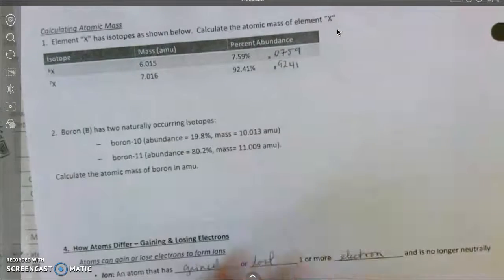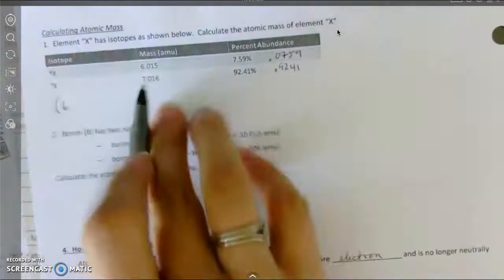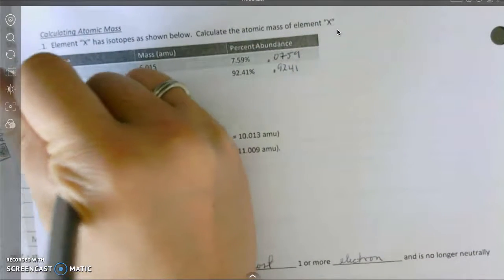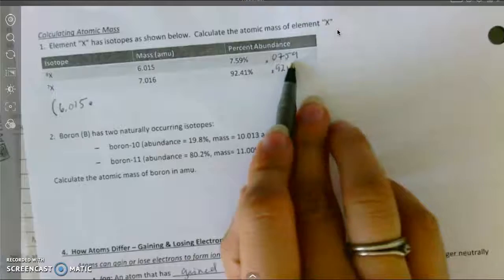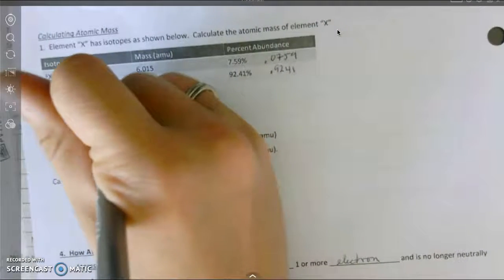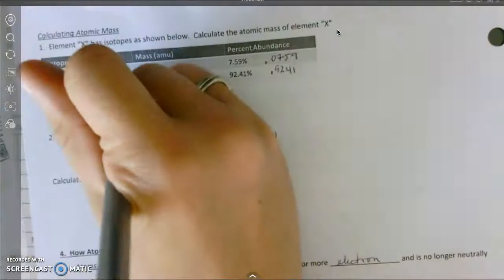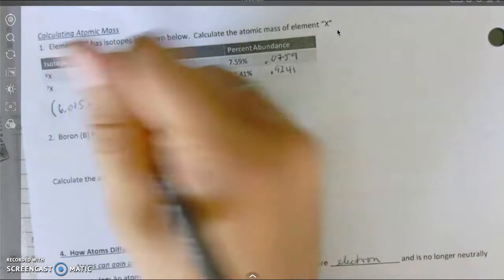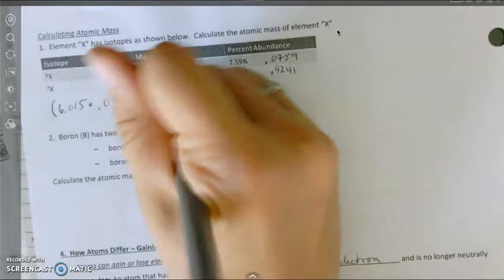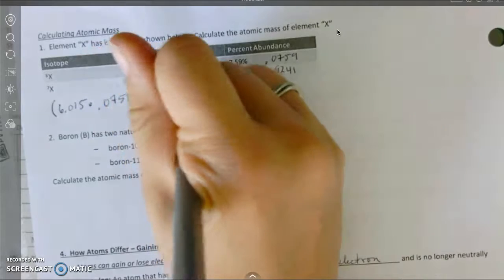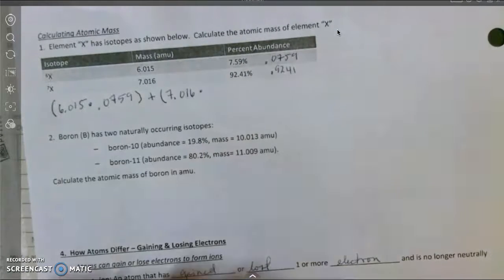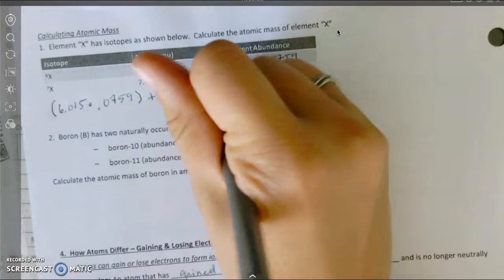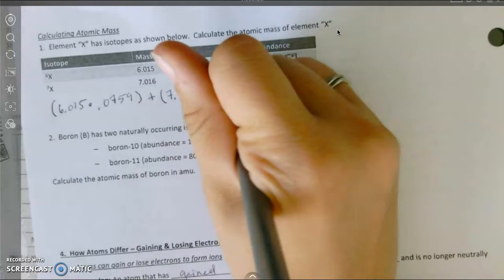What we're going to do is take the mass 6.015, and multiply it by its percentage, 0.0759. I'm going to add that to my next mass, which is 7.016, multiplied by its percentage, 0.9241.